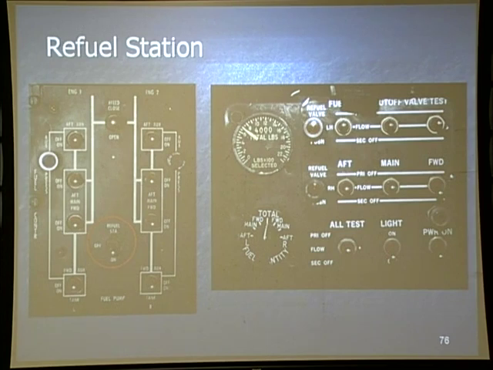Now, one other thing I have to cover, depending on which modified aircraft you have: if I have the refueling station on, it will divert the power from the indicating system inside the aircraft out to the refueling station. When does that become a big deal? Hot refueling. If I hot refuel this aircraft, you're not going to have any indications up in the cockpit.